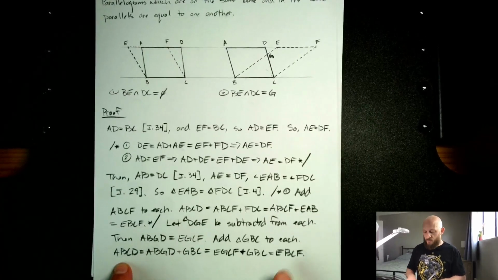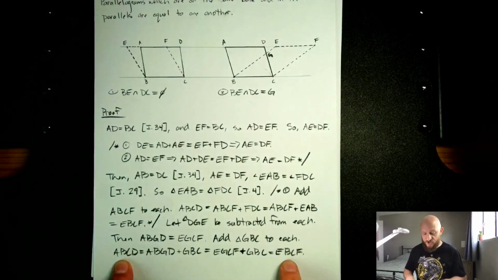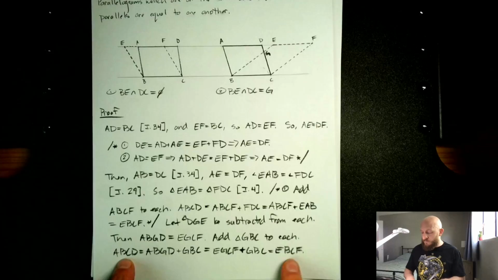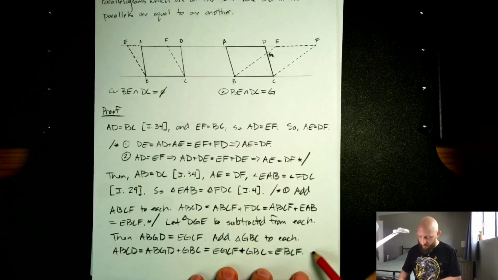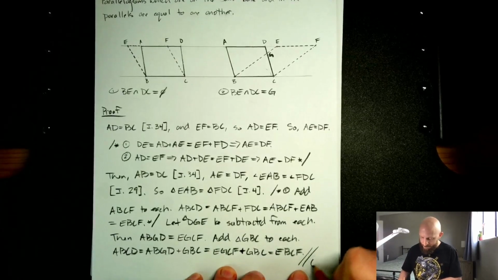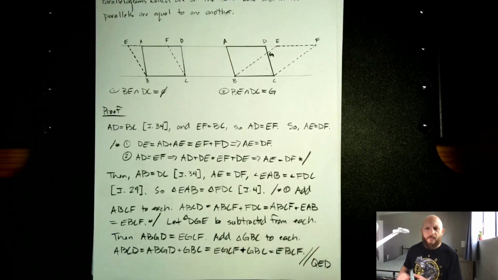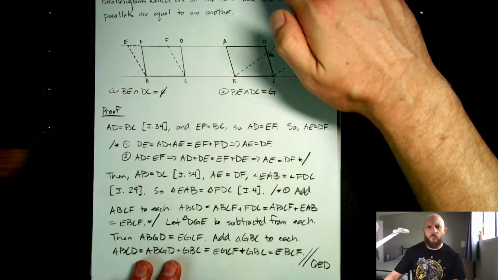And again, that's what we wanted to prove. So this chain of equalities shows that ABCD equals EBCF. So the parallelograms are equal. QED, therefore, etc.